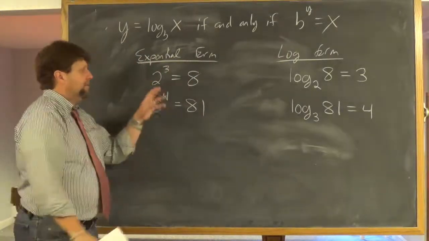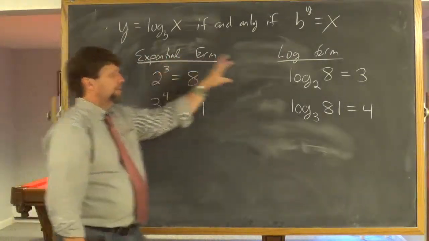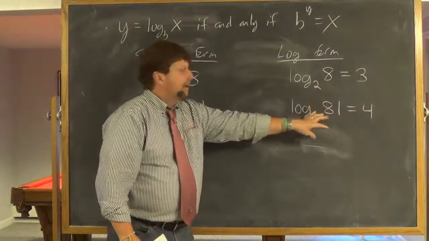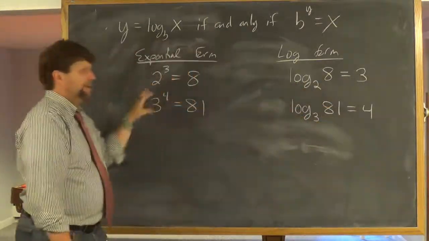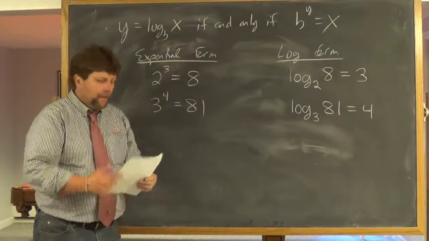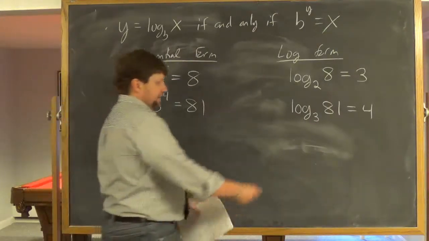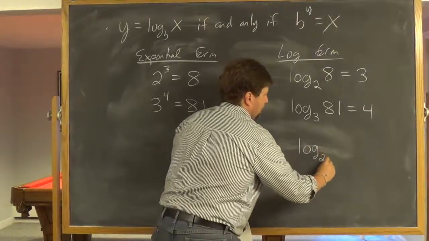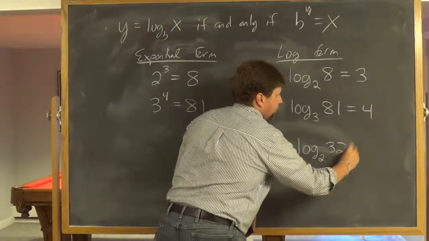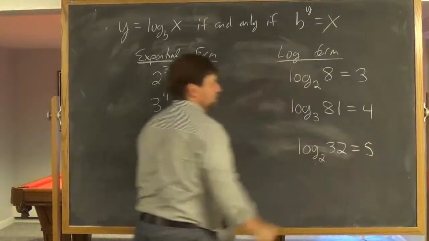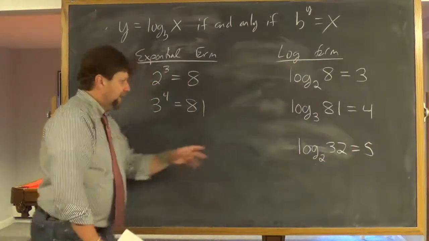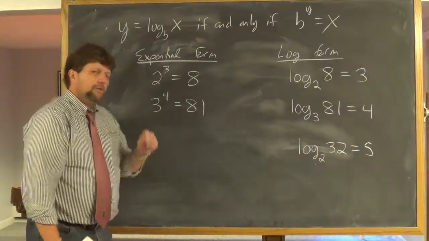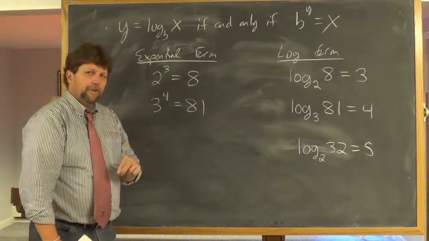I not only expect you to be able to go from exponential form to logarithmic form, but from logarithmic form to exponential form. So if you see log base 2 of 32 equals 5, I expect you to be able to write down the corresponding exponential form equation.